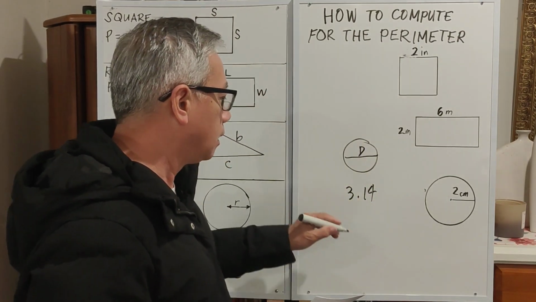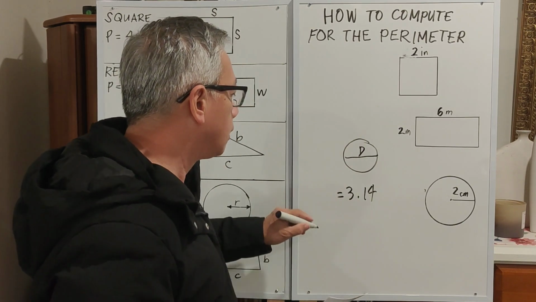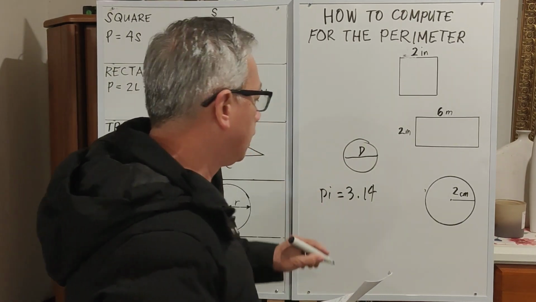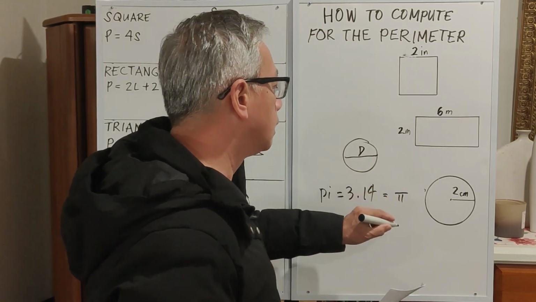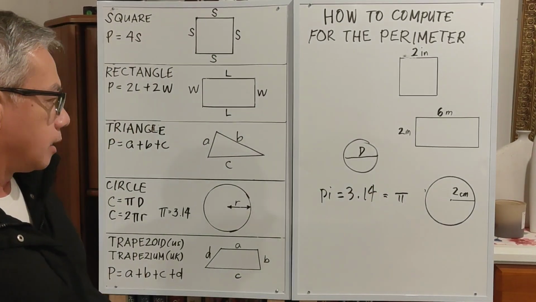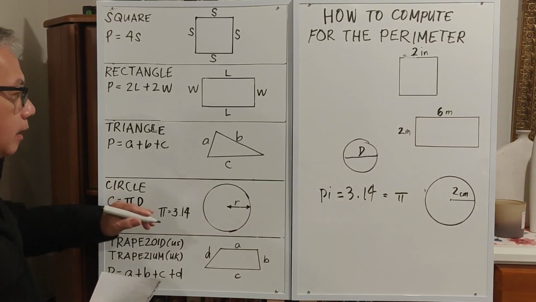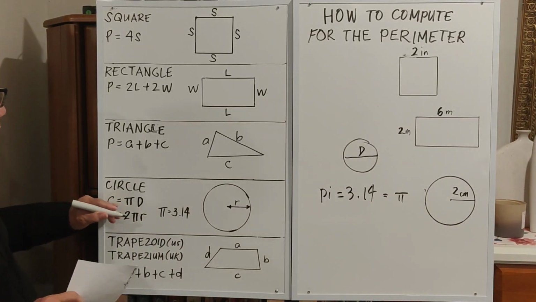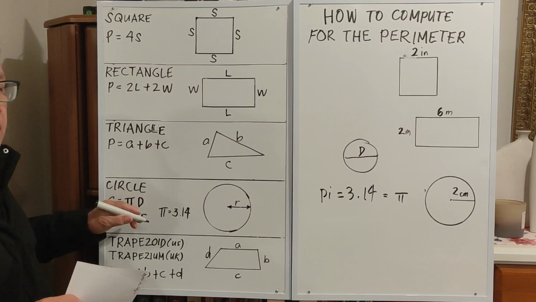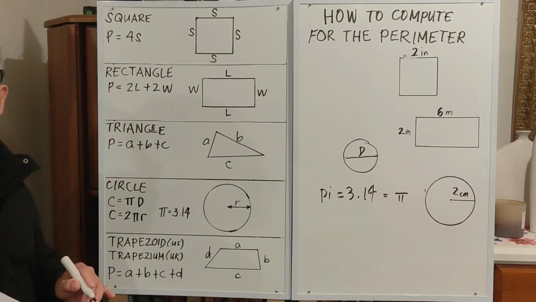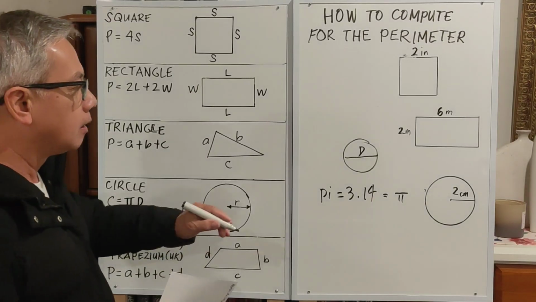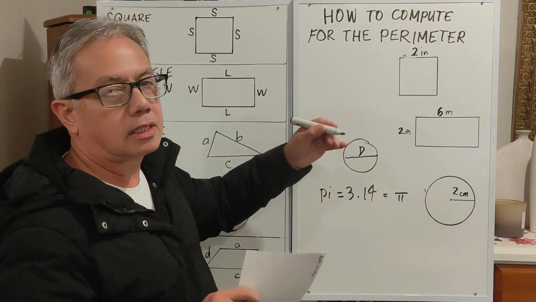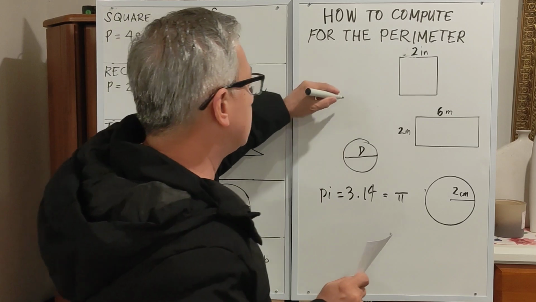This value, they call it pi, or in symbols they use this one. So we now have the formula: circumference is equal to pi times d, or 3.14 times d. Usually the example is given the radius.